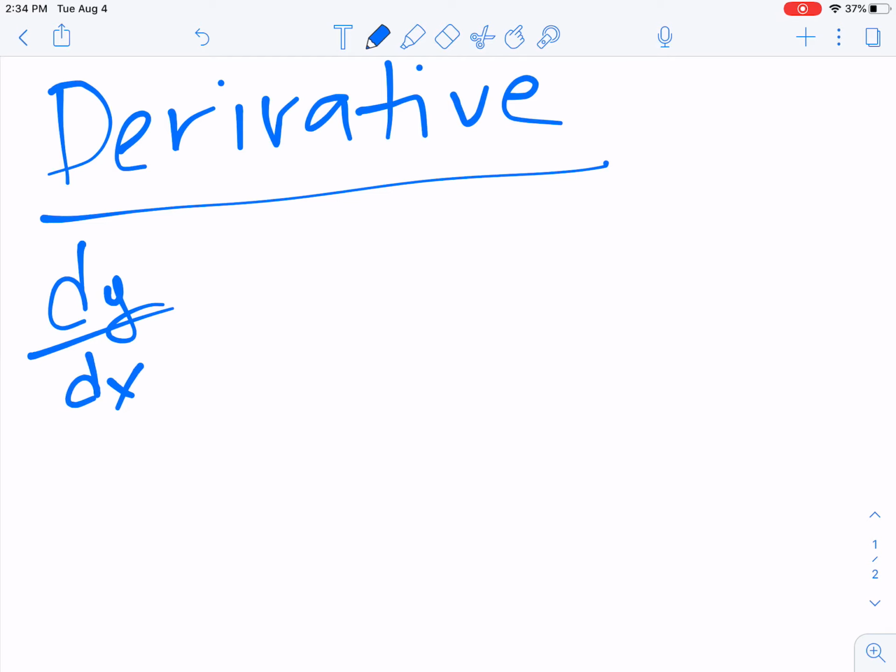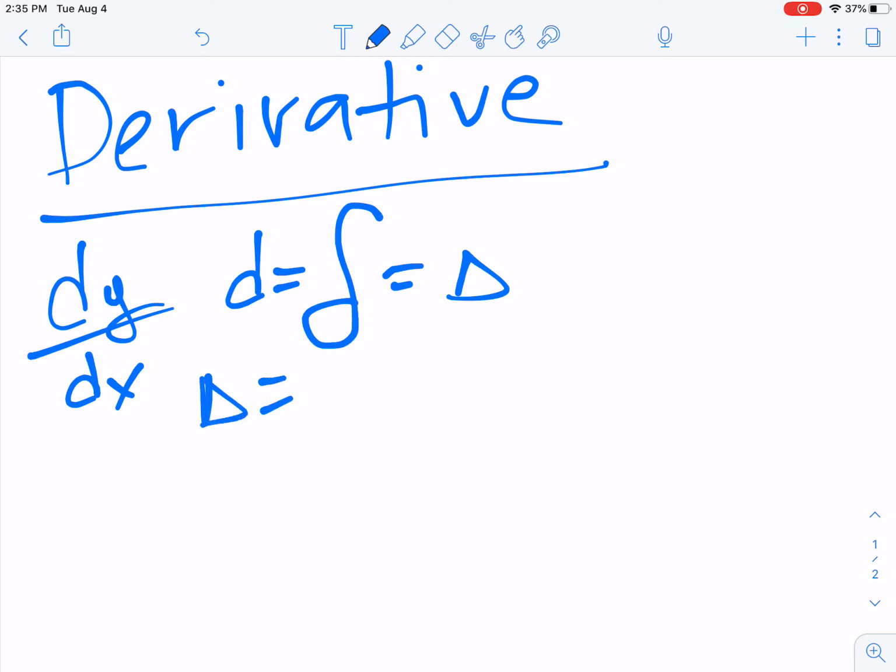D of some variable over d of some other variable. D is actually originally started from the big lowercase delta, and then we also have our uppercase delta. They're all related to each other, and we know that when we're in science and math, delta represents change. So it's as one variable changes compared to the other.